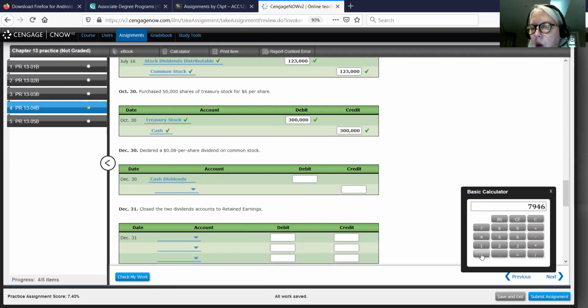I'm going to multiply that by 8 cents per share. And that will give me the amount of my cash dividends, which is $63,568.